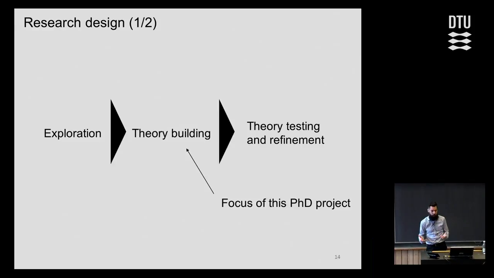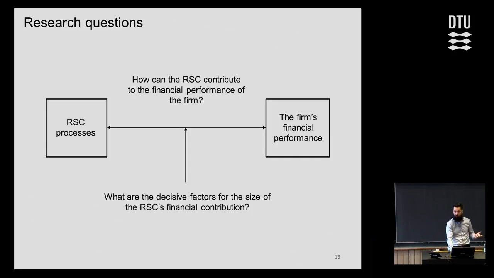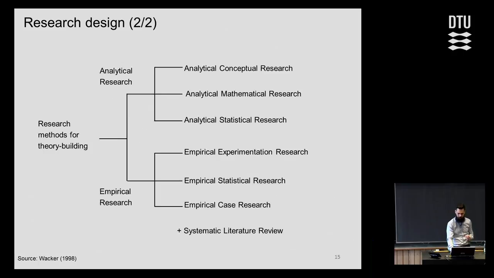What are the interesting problems? The exploration phase is still ongoing, but research within the reverse supply chain field has been going on for a number of years now. So this project focuses on theory building, which has to do with trying to identify or define the relationship between variables. And these are, of course, the two variables that this project is looking at.